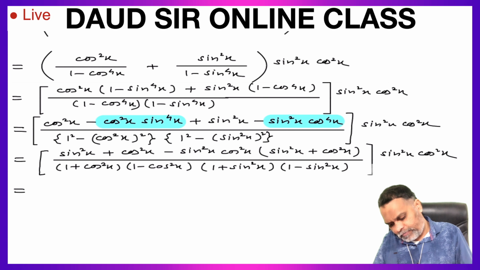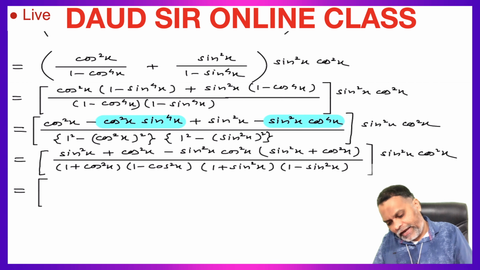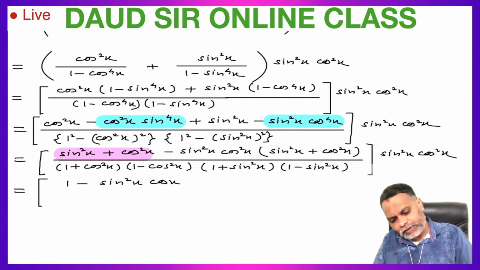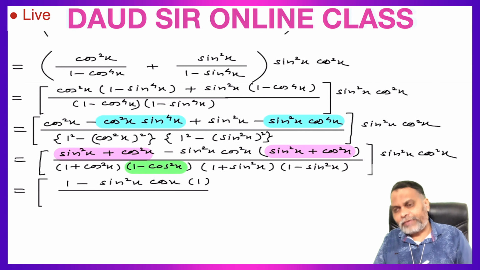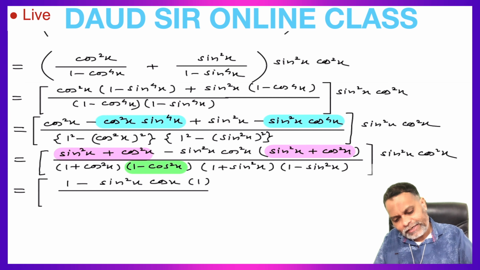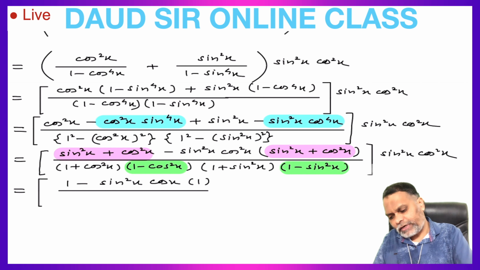which is equal to, this sine square x plus cos square x will become 1. This is 1 minus sine square x into cos square x, and in this bracket also sine square x plus cos square x is 1, upon this 1 minus cos square x. 1 minus cos square x can be written as sine square x, and 1 minus sine square x can be written as cos square x.